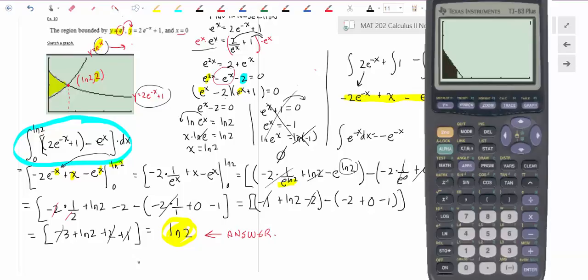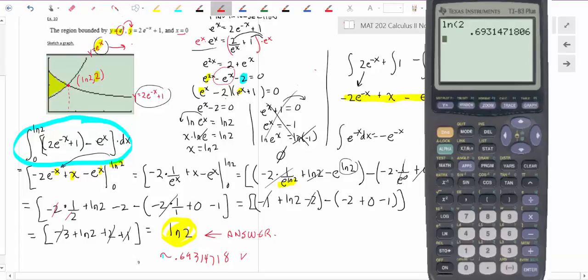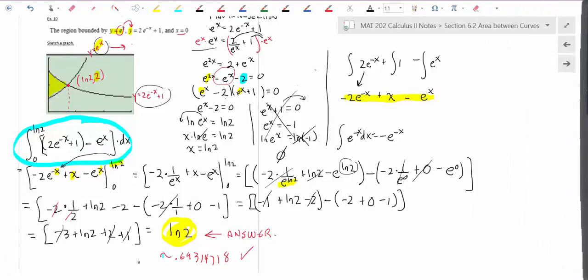And then we're going to get this value, which is approximated by 0.69314718. Now I'm going to clear that. Our answer was ln2, so let's see what ln2 is and see if it's the same thing. I go ln of 2, and it gives the same thing. So that checks and verifies with technology that we have a correct answer to the problem.